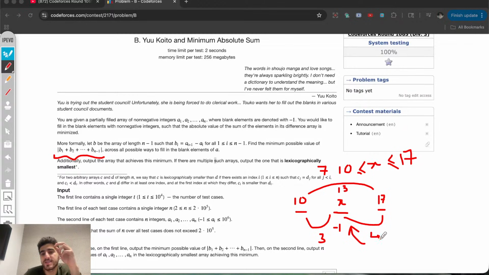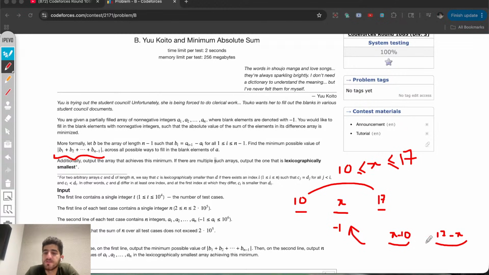It's just like I split 7 into 2 parts. I'm going to have x minus 10 at first and then 17 minus x. And because x is between 10 and 17, I do not need to put these absolute values because x is at least 10 and at most 17. So you can see that the sum of these two will always be 7. It always remains 17 minus 10.